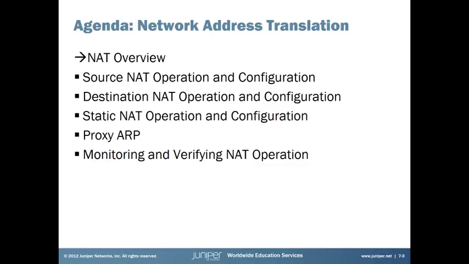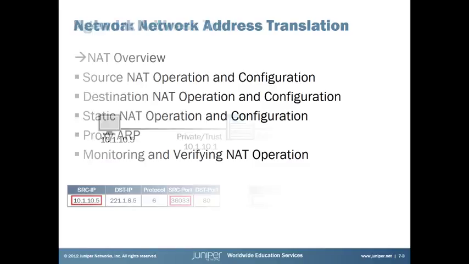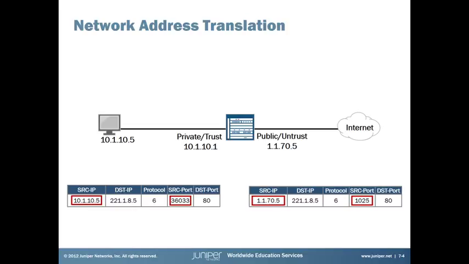So, overview of NATing more generally. Here we have our very typical use of NATing, where we've got a private address range and a public address range, and we are doing source NATing. With source NATing, we start off with one source address being private, and we end up with a public source address, which then of course goes out onto the internet.